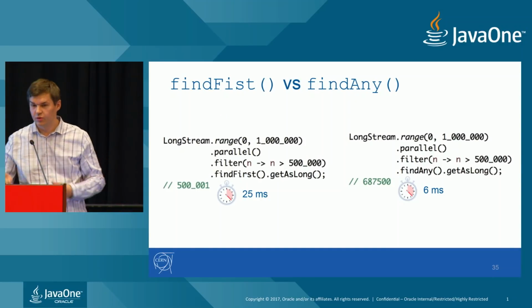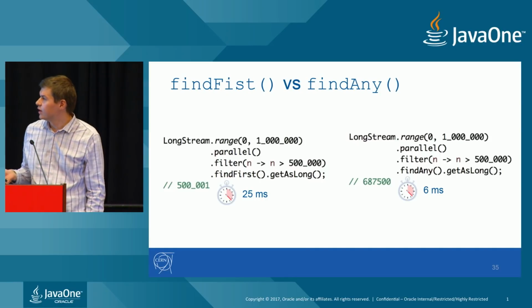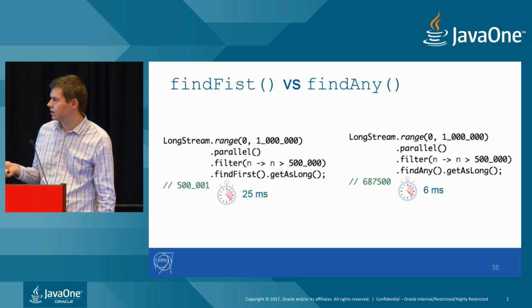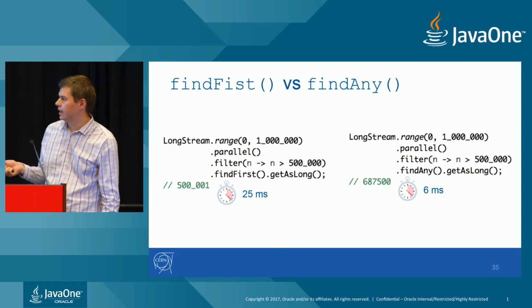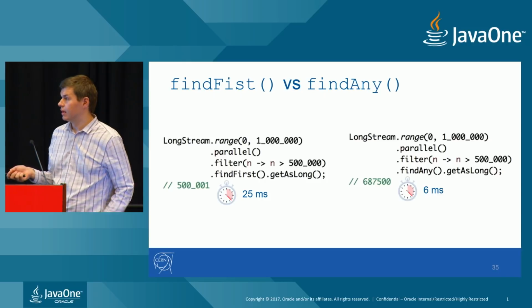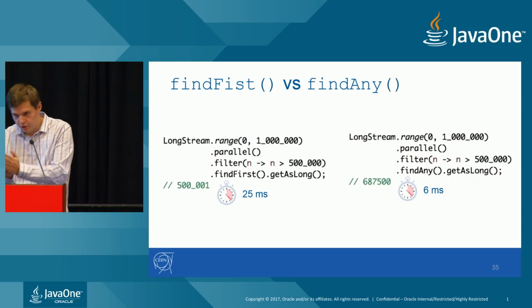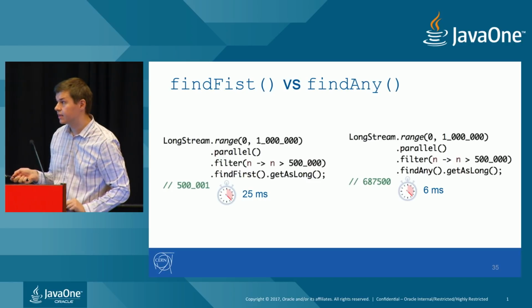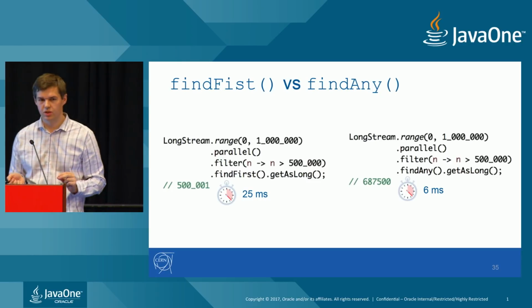As a down-to-earth proof, we have a bunch of numbers, and we filter those that are bigger than 500K. If I invoke findFirst, the guy is smart. It obeys and returns exactly the very first number matching this condition.